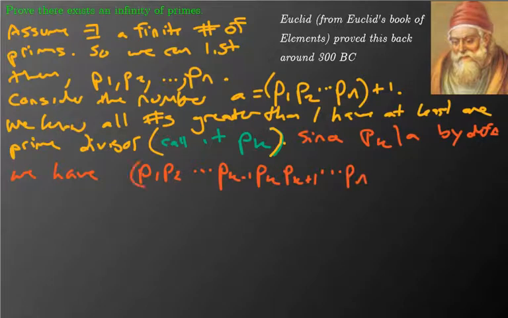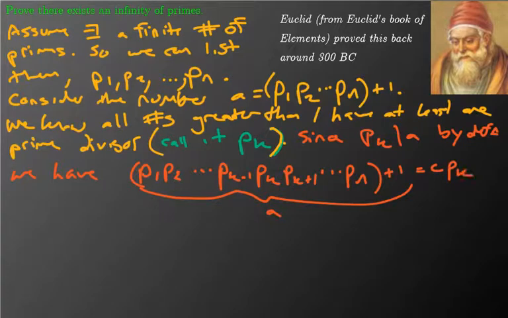Because pk is some prime divisor. So in my product of primes that I made up, it's in there, right? So that thing plus 1, which is my A, right? All of this is just A, right? That thing has to equal c pk for some c in Z. That's because of the definition of divides.